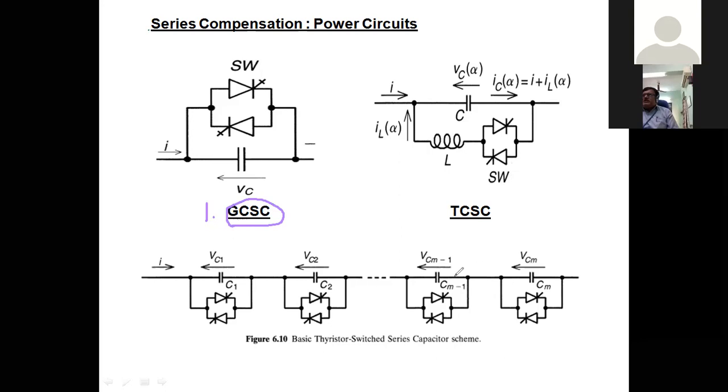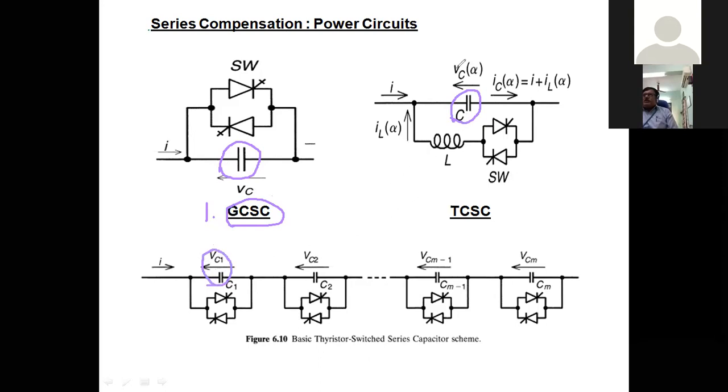In all the three, there is a common point, that is the series capacitor. In GCSC, TCSC, and thyristor switched series capacitor, we have a series capacitor in all circuits. So that is common.